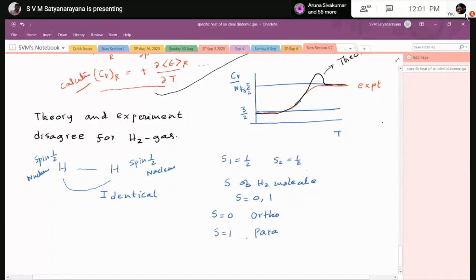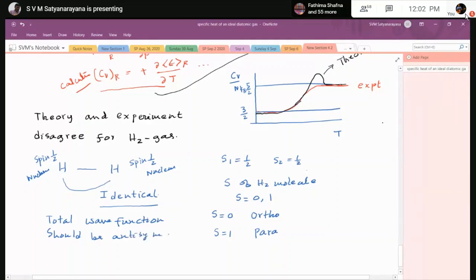So you have ortho state and para state, but note that since they are identical, the total wave function of the hydrogen molecule should be antisymmetric.